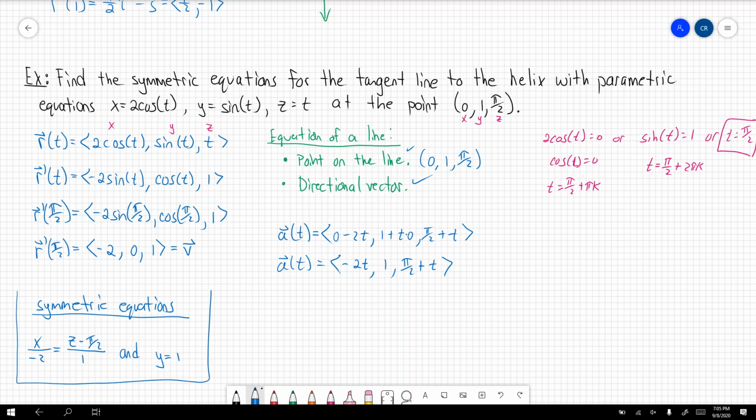So these are the symmetric equations of the tangent line to the helix, where the parametric equations are given by 2 cosine of t, sine of t, and t for the given point. There we are. It's looking real nice.